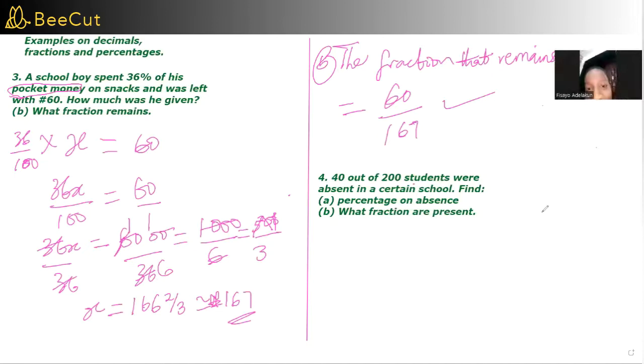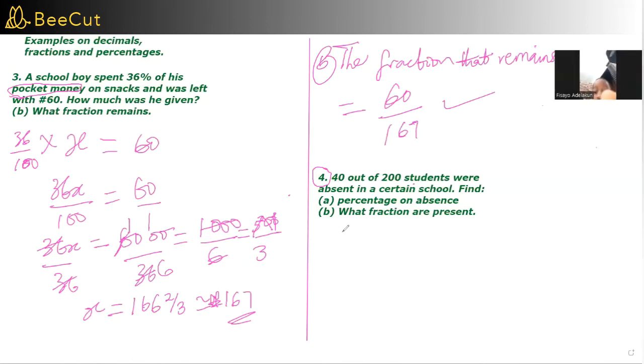40 out of 200 were absent. So find the percentage of absence and what fraction are present. Yes, just tell me what to write down. What are we looking for? That's the first question.